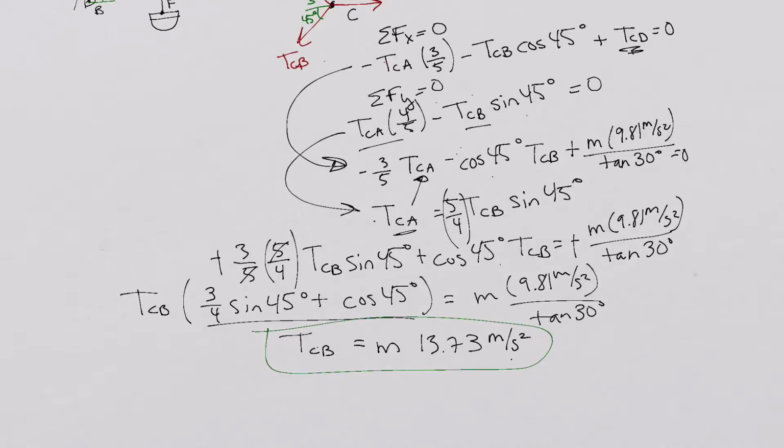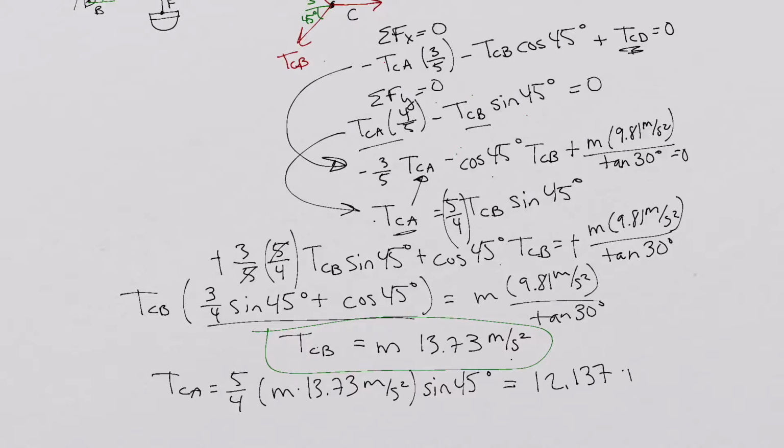So TCA equals 5/4 times TCB, so M times 13.73 meters per second squared times sine of 45 degrees, and then 5 times 4 divided by, we get 12.137 times M, and that's meters per second squared.